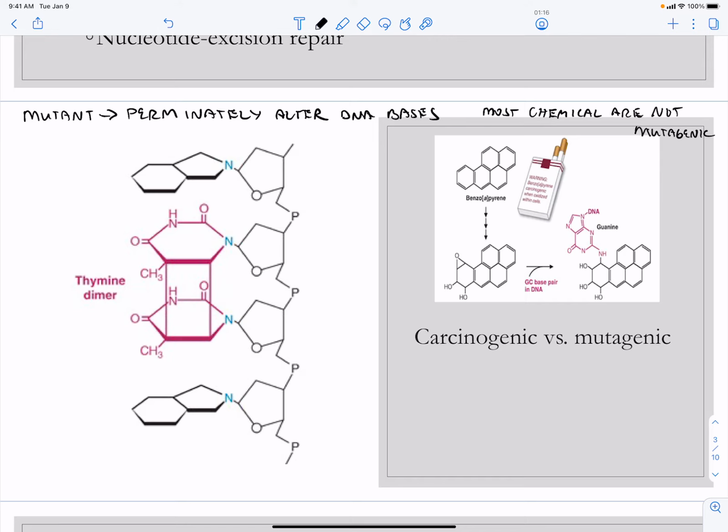Now, the mutations, of course, can be, for example, an insertion, a deletion, it can be a missense, and missense means that it's either in non-coding areas or it's going to not change the protein.